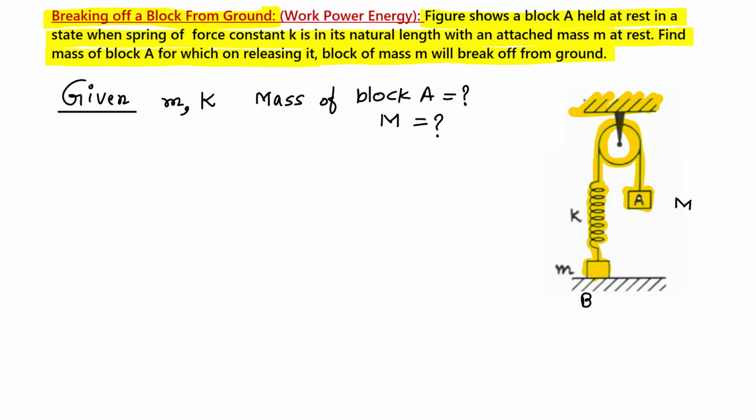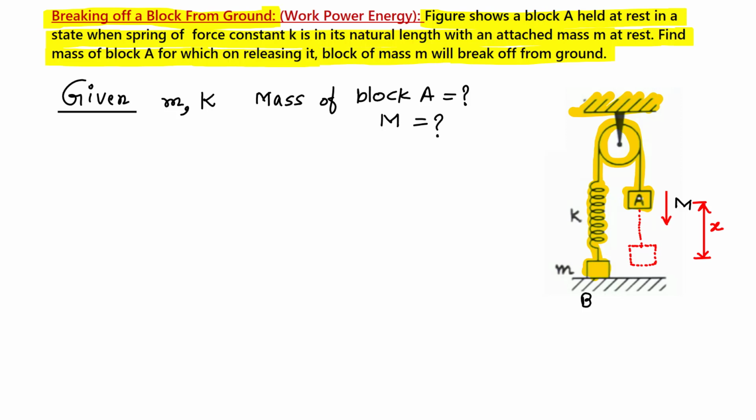Now what will happen if you just leave this system? This mass M will start going in the downward direction. After some time this block will reach here, and let us say it has gone down by a distance x.